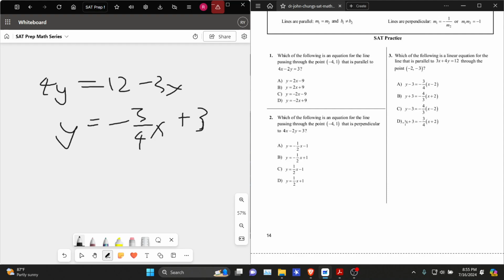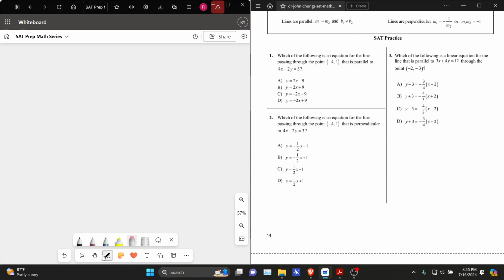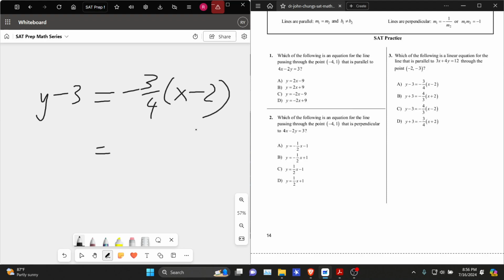Now we need to differentiate them. It passes through the point (-2, -3), and there are only two equations that meet that slope. Let's check A. We want to plug in either y or x. Let's plug in x as -2, and then we should get -3.